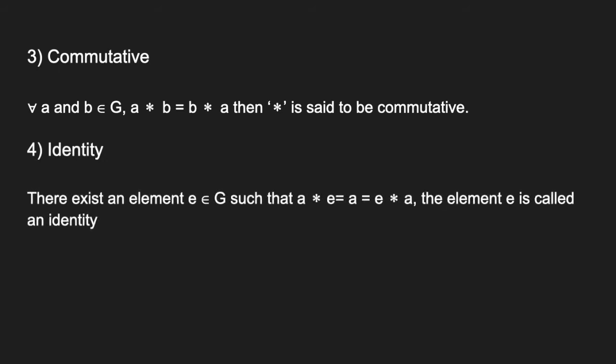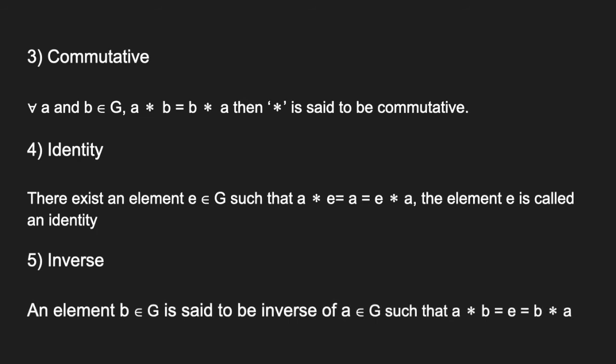There exists an element E belonging to G such that A star E is itself A, and that is the same as E star A. Then the element E is called an identity. Fifth one, inverse. That means there should be an element B in G such that A star B equals identity, that is E, which is the same as B star A.